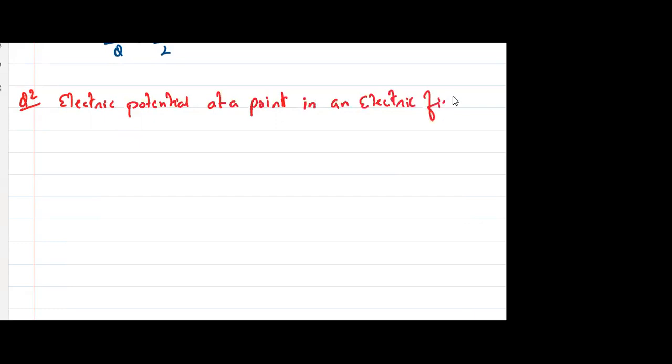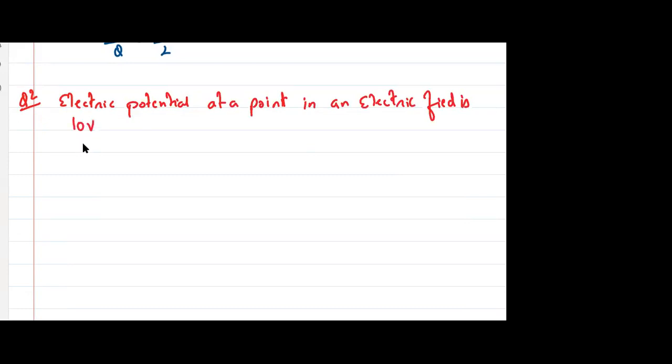So this is clear. Let's solve one more problem. Question number 2. The electric potential at a point in an electric field is 10 volt.